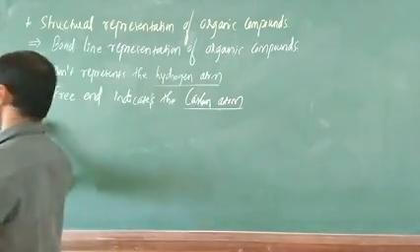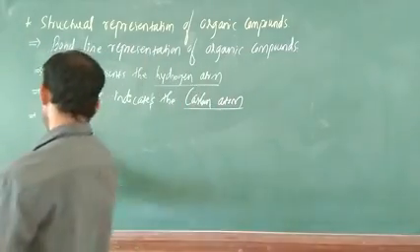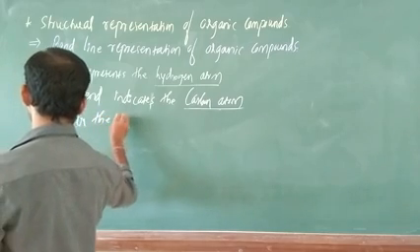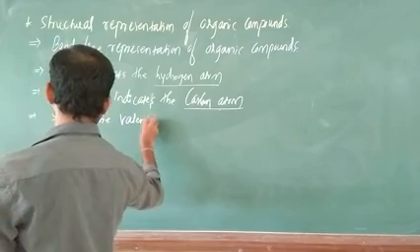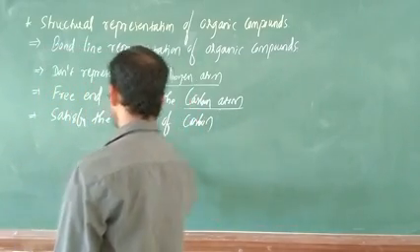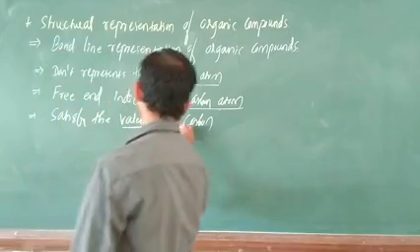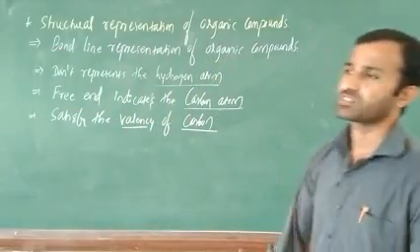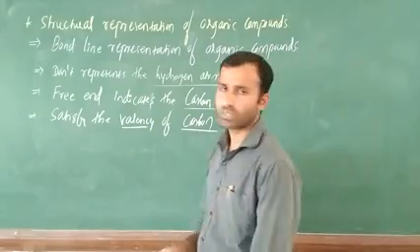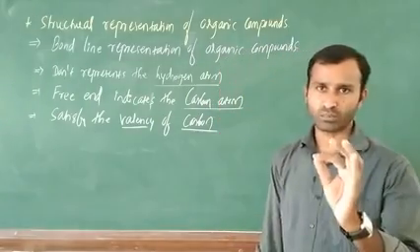Satisfy the valency of carbon. These 3 points are most important for bond line representation.